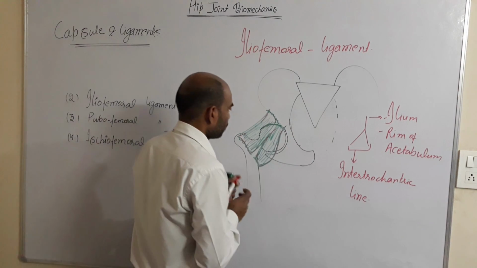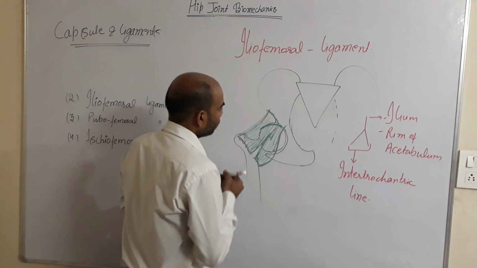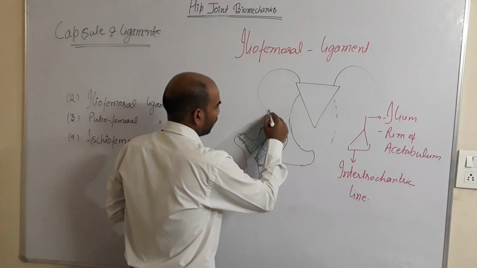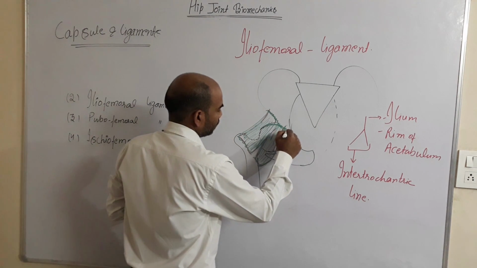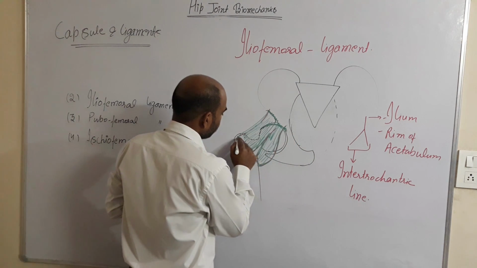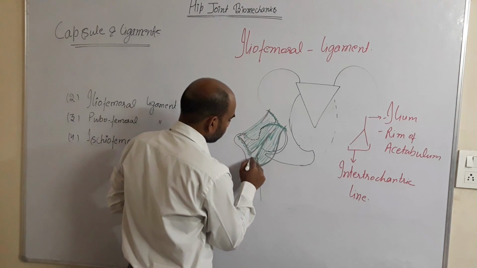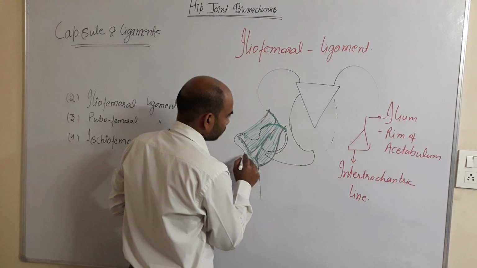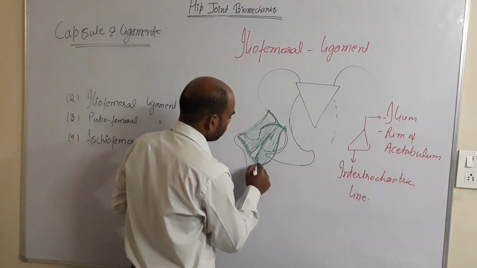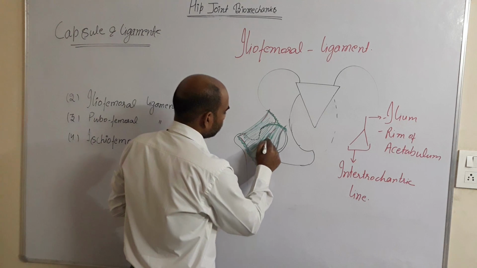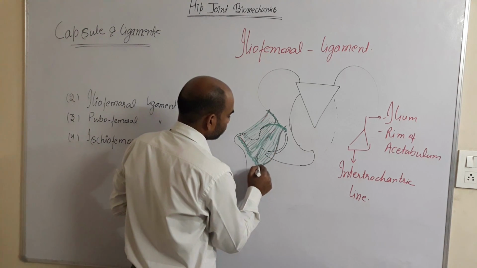So the upper part is attached on the iliac part and rim of the acetabulum, and the lower part on the intertrochanteric line, and this is an inverted Y-shaped ligament.